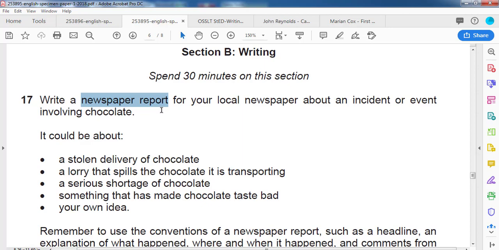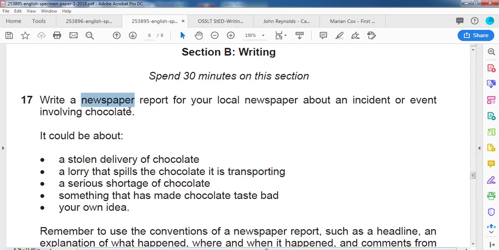However, they are very different. Usually the report is more formal than the article, and specifically a newspaper report will be different from the informative report, because it has some features.